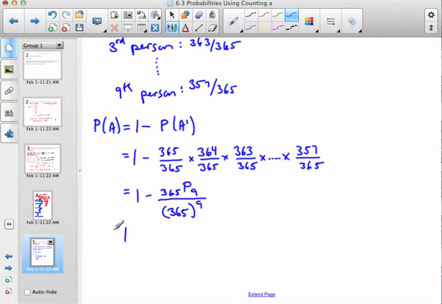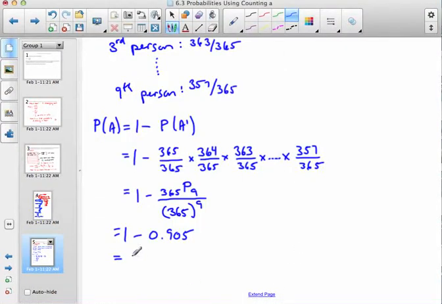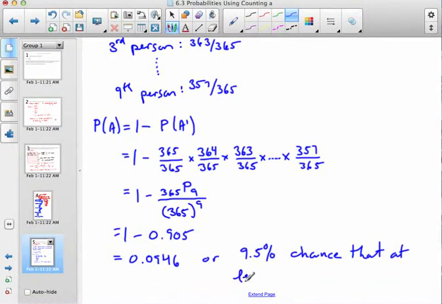Which equals 1 minus 0.905, which simplifies down to 0.0946, or a 9.5% chance that at least 2 share a birthday.